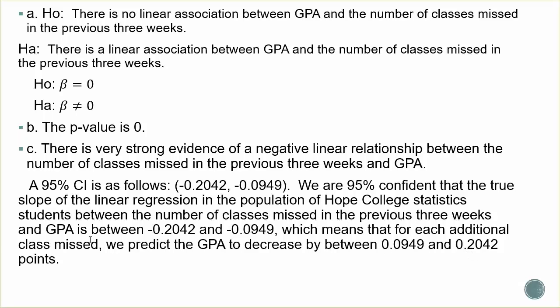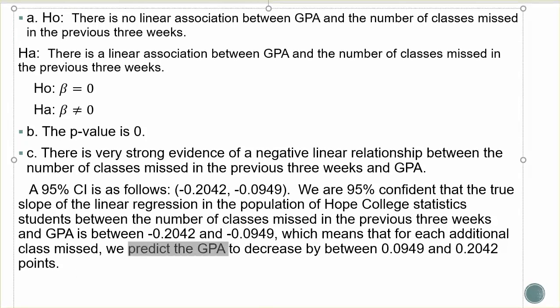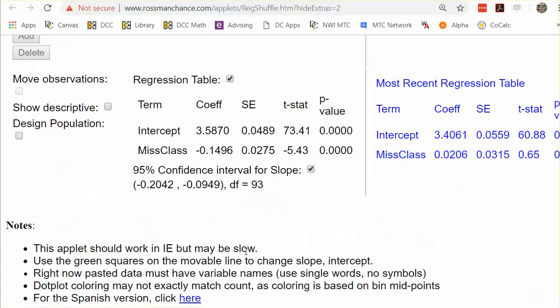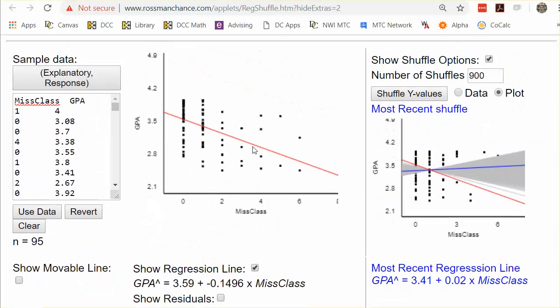0.0949 and 0.2042 points. And again, notice this is the predicted GPA, right? This is not saying anything about what really happens. We're saying, what does our model predict? Because if you look at what really happens, here's several students who all missed 4 days, and they all have very different GPAs.